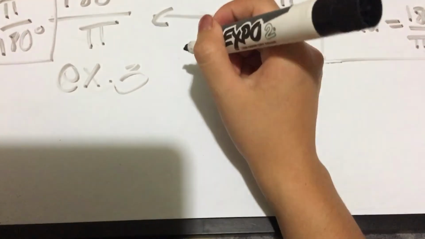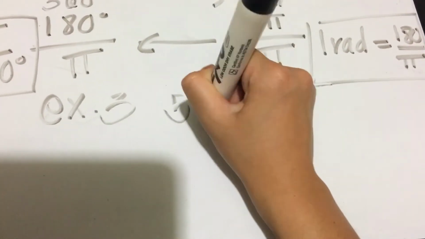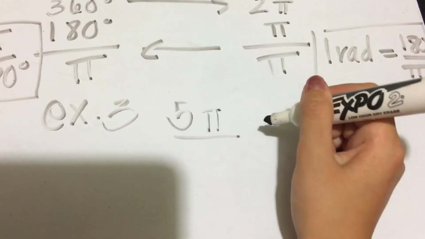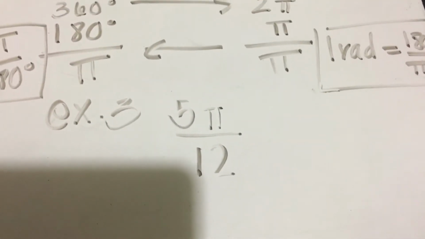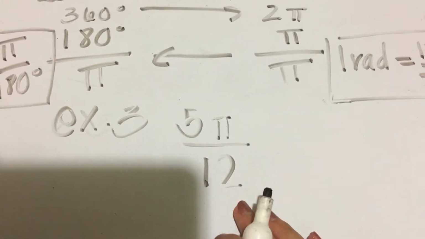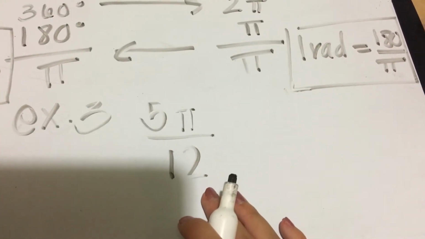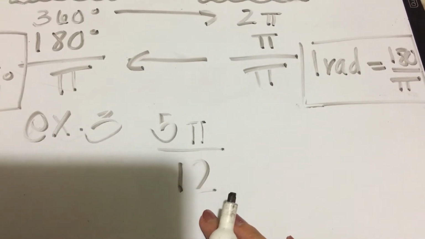What I mean by complicated is, let's say instead of just pi over a number, it's 5 pi in the numerator and 12 in the denominator. It may look a little overwhelming, but it's the same process, and I'll show you a quick shortcut.